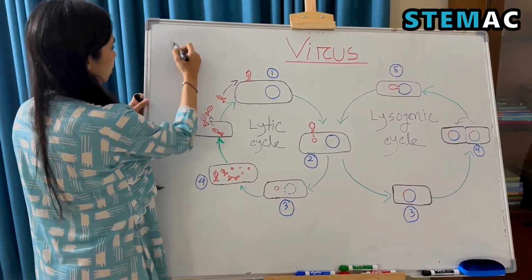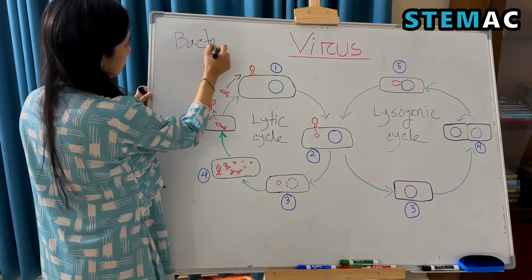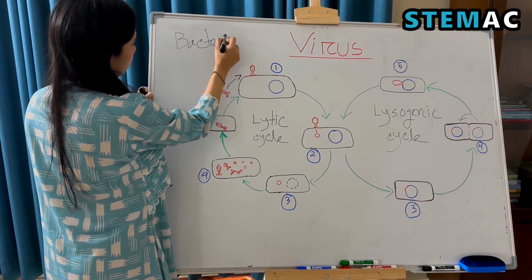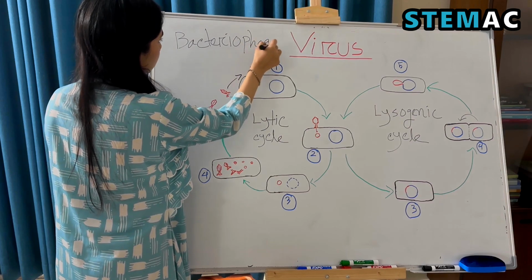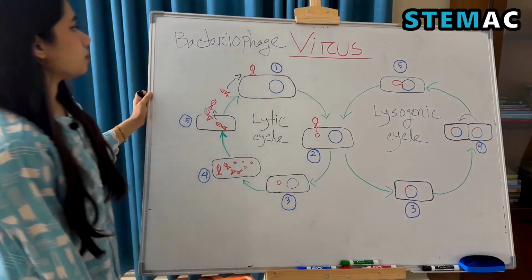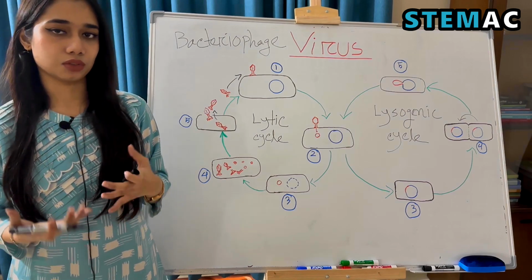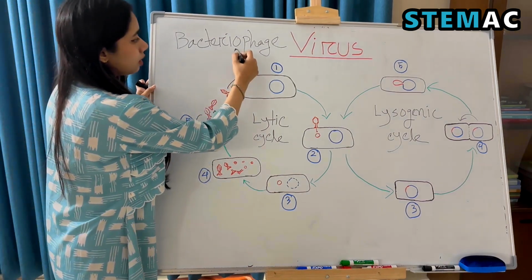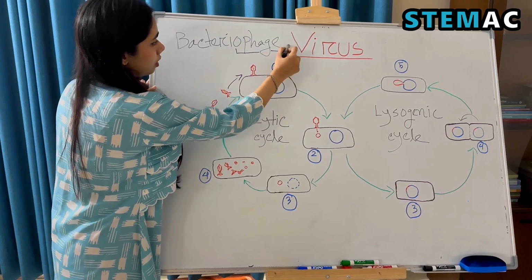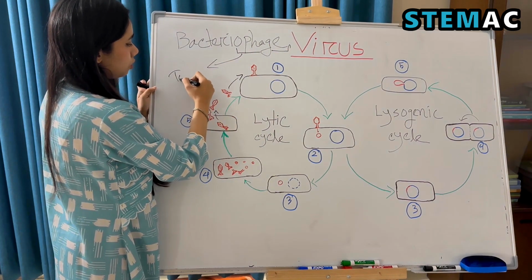So, bacteriophage. Now you may wonder, we are talking about a virus here, so where did bacteria come from? Well, phage is a Greek word and it means to eat.